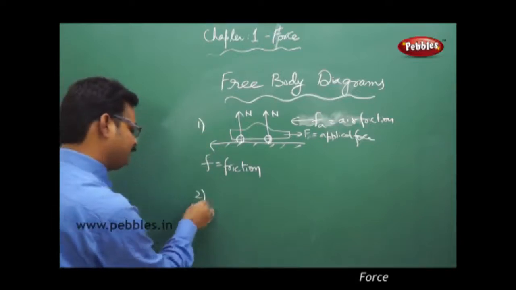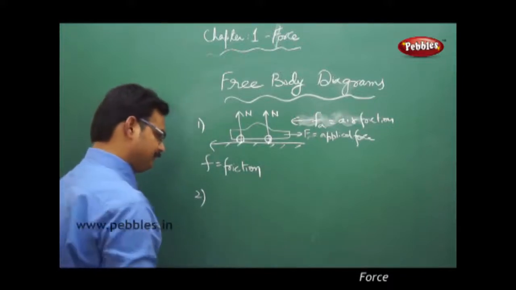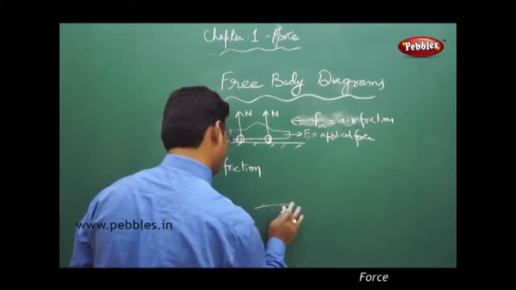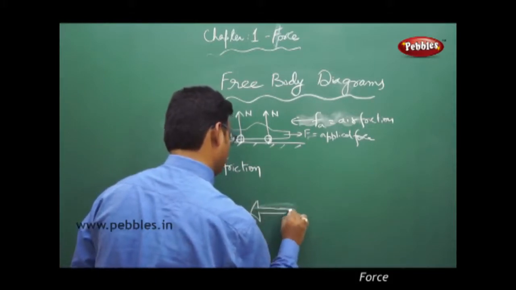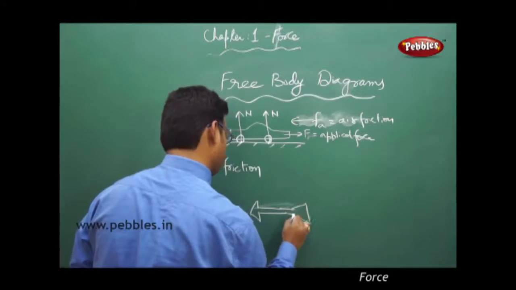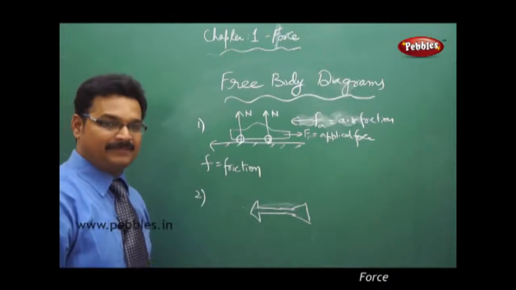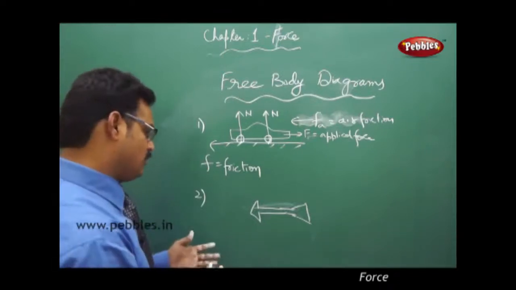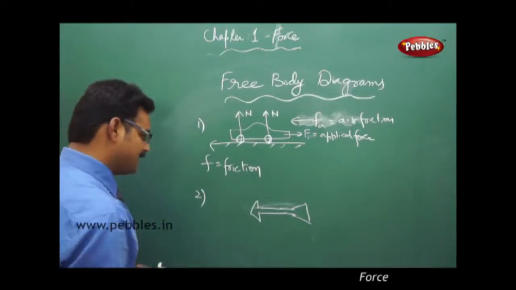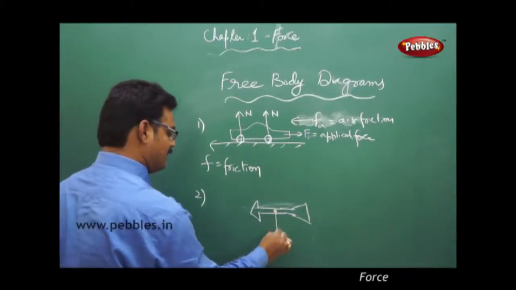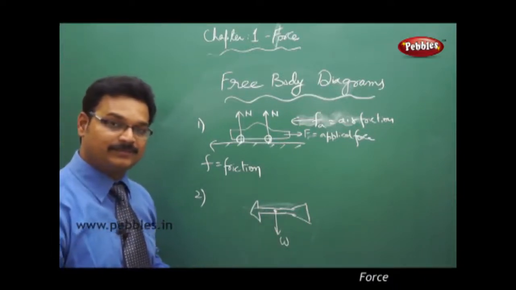Now take the second one. Take the example of an aeroplane. Aeroplane or rocket, anything you can take. So this is flying in the air. Now I ask you to show all the forces acting on it. First thing is, it is having weight acting in the downward direction.